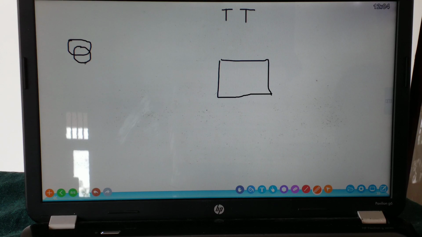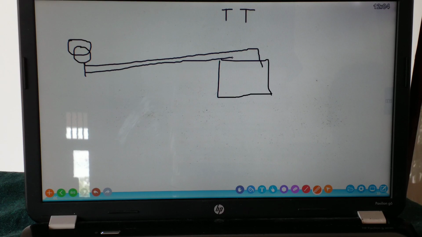In the transformer, you get a phase conductor and a neutral conductor, and this neutral conductor, that means the star point, is earthed. Here my metallic body part is earthed.